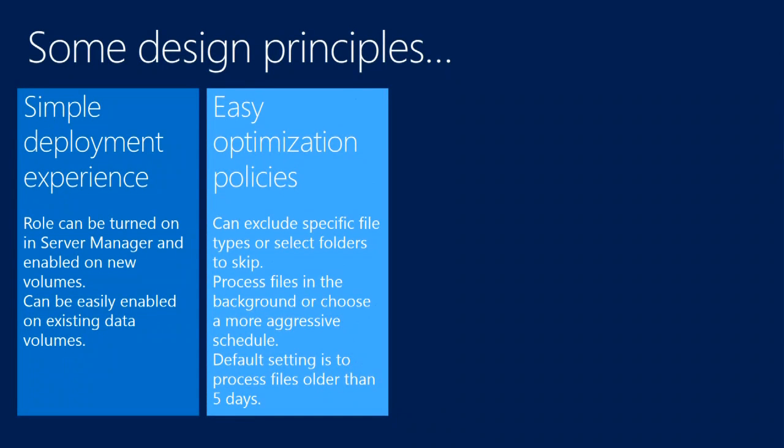And probably the most important of the knobs is a default time for how old the file is before we'll go optimize it. In Server 2012, that was 5 days, which meant that we would let the file sit for 5 days before we would optimize it. Why would we do that, you might ask?